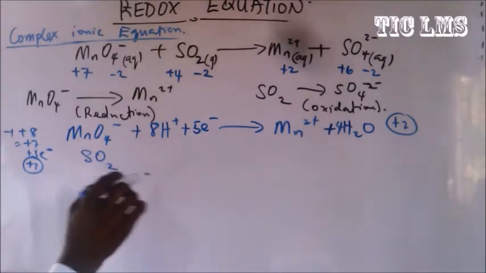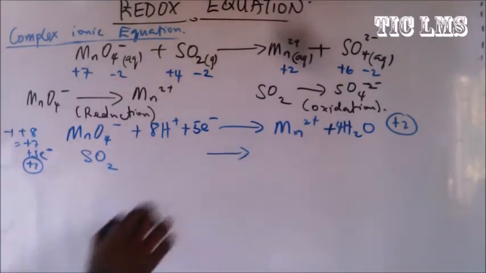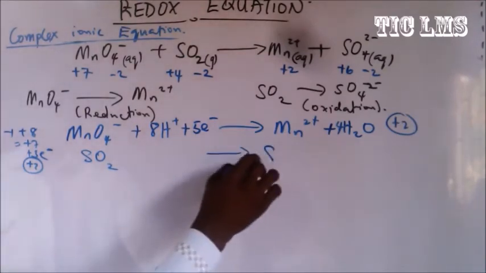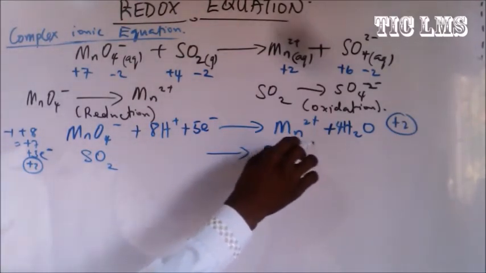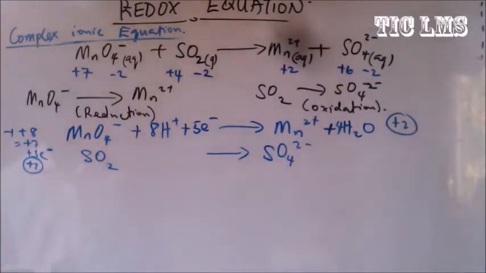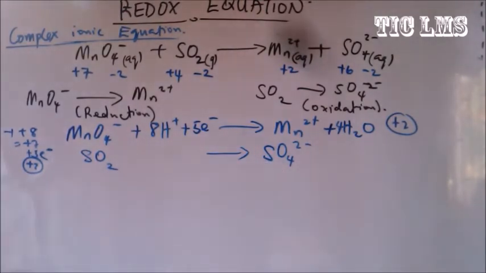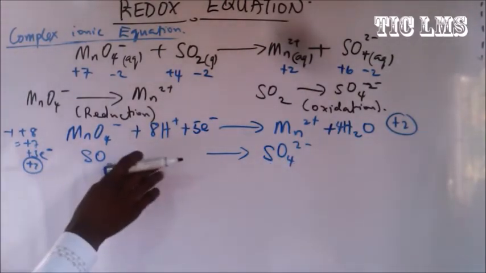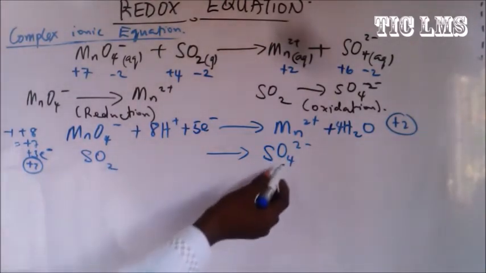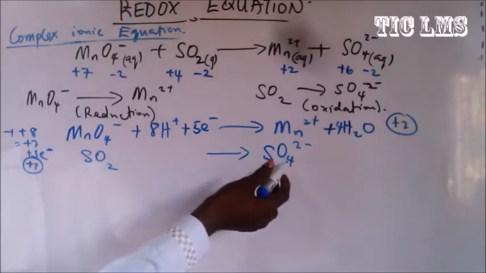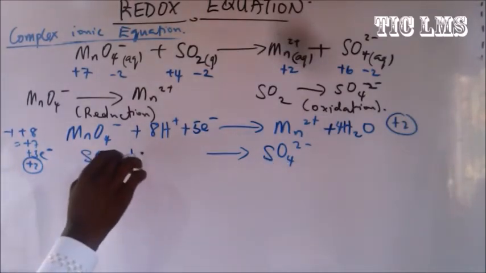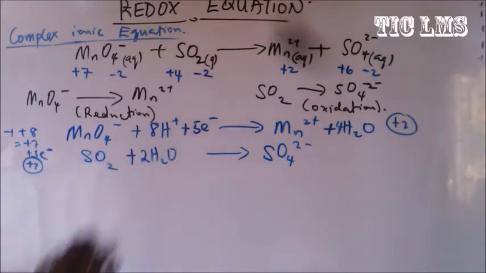We have SO2 on the reactant side, and we have SO4 2- on the product side. We have 2 atoms of oxygen here, and we have 4 atoms of oxygen here, meaning we have more oxygen here than here. Hence, we need to introduce water here. So we have 2 H2O over here.